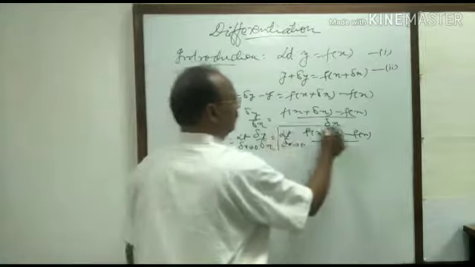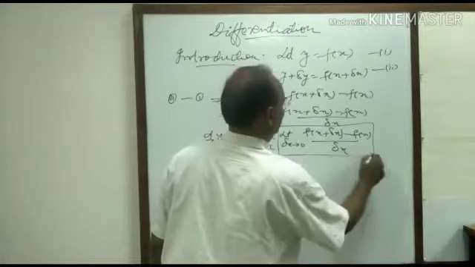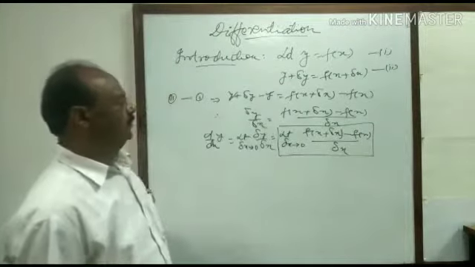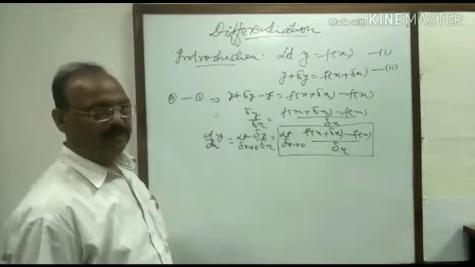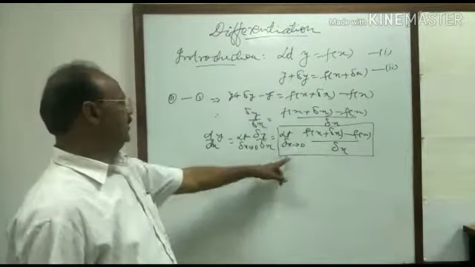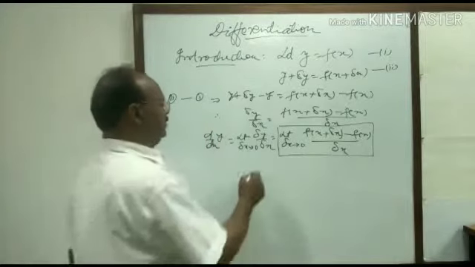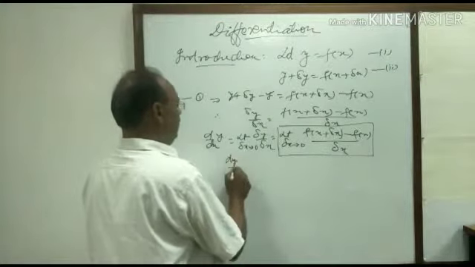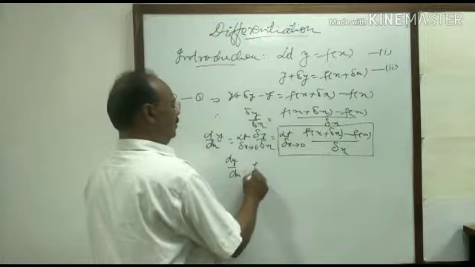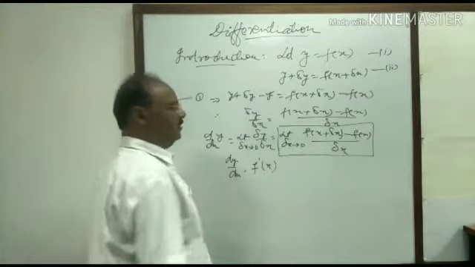So this value gives us the derivative of y with respect to x, which is denoted as d/dx of y. Sometimes we write it as dy by dx also, or f dash x also.